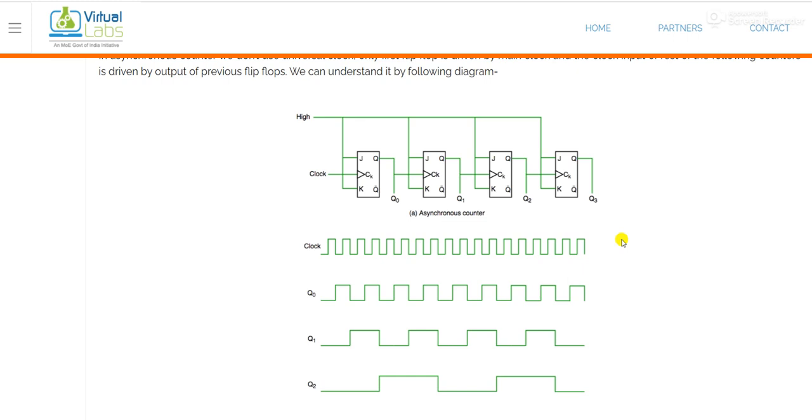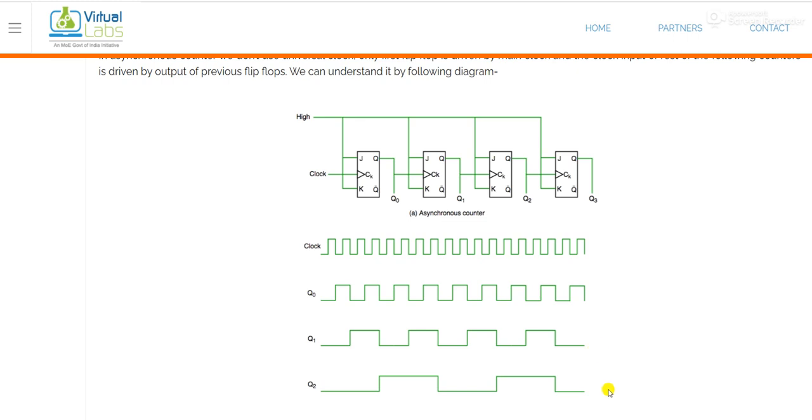So for this 4-bit counter, we can count from 0000 to 1111, so 0 to 15. Okay, so this is basically the working of the asynchronous counter, discussed briefly.